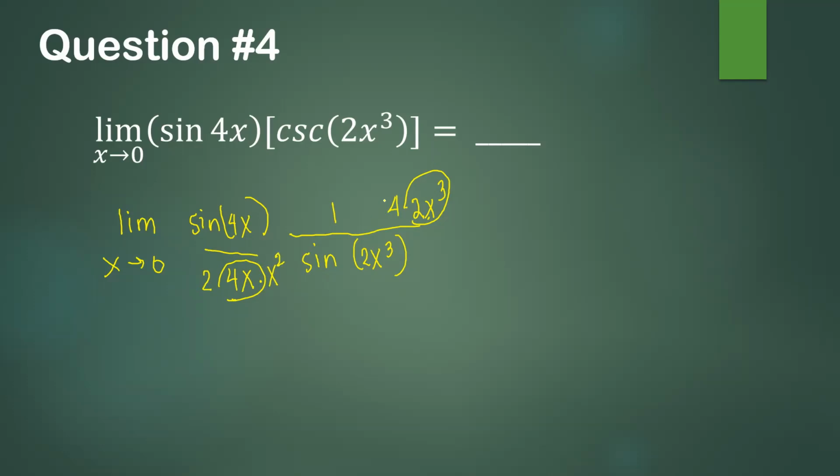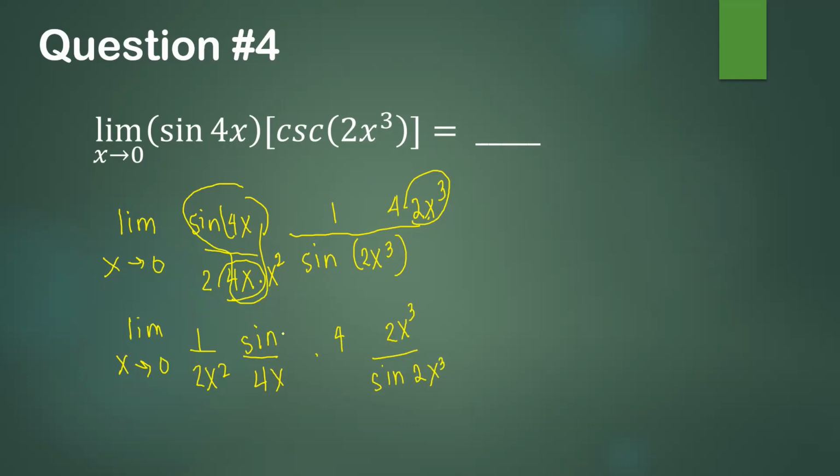Let's see if that one will work. We have the limit as x approaches 0, combining this expression, sine 4x over 4x, then we have 1 over 2x squared. Here we have a 4 that we can take out, then we have 2x cubed over sine 2x cubed.